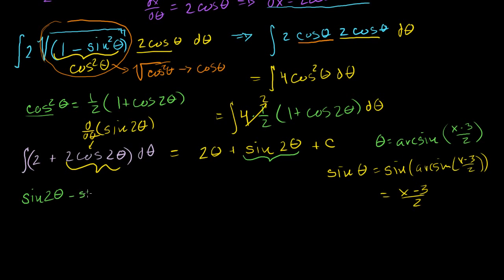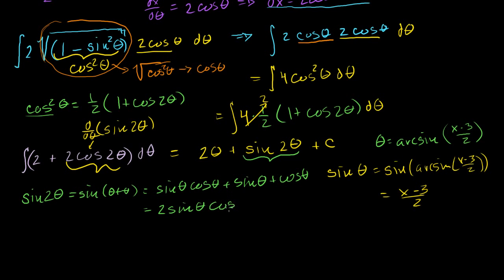That's equal to sine of theta cosine of theta plus cosine of theta sine of theta, which is just the same thing written twice, 2 sine of theta cosine of theta. Some people have this memorized ahead of time, and if you're going to have to take an exam on trig substitution, it doesn't hurt to have this memorized ahead of time. But let's rewrite this like this.